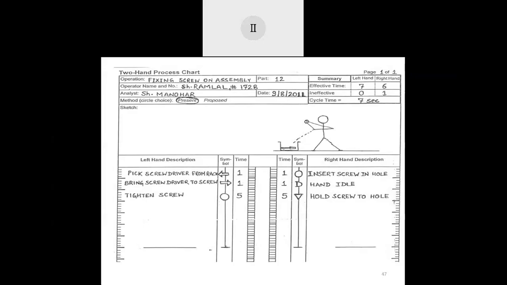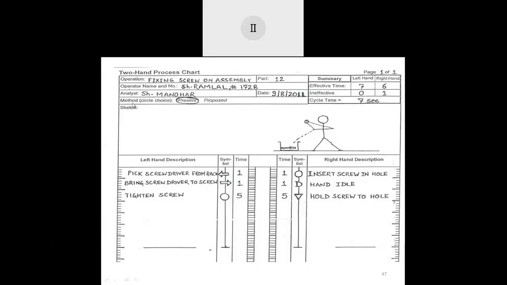So this is a two hand process chart, a real example. Here at the top, you need to write the operation, operator name, the part number, then the effective time for left hand and right hand, ineffective time, and total cycle time.